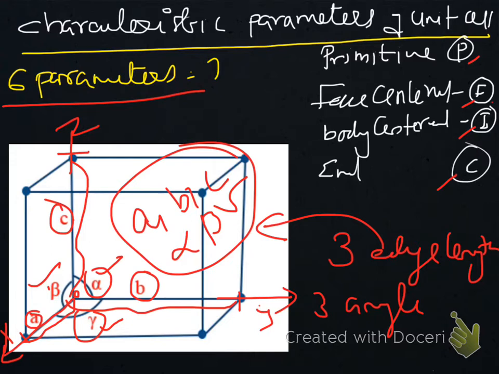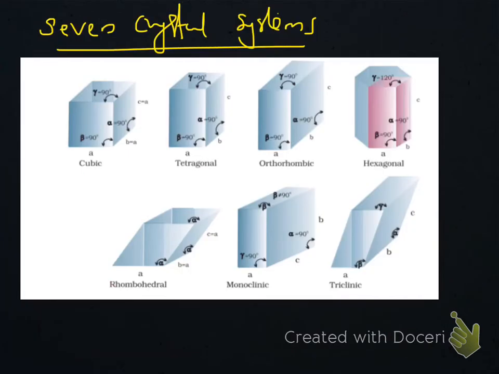So far, we have identified 7 crystal systems: cubic, tetragonal, orthorhombic, monoclinic, triclinic, hexagonal and rhombohedral. Variation in shape of the unit cell can be seen clearly here.